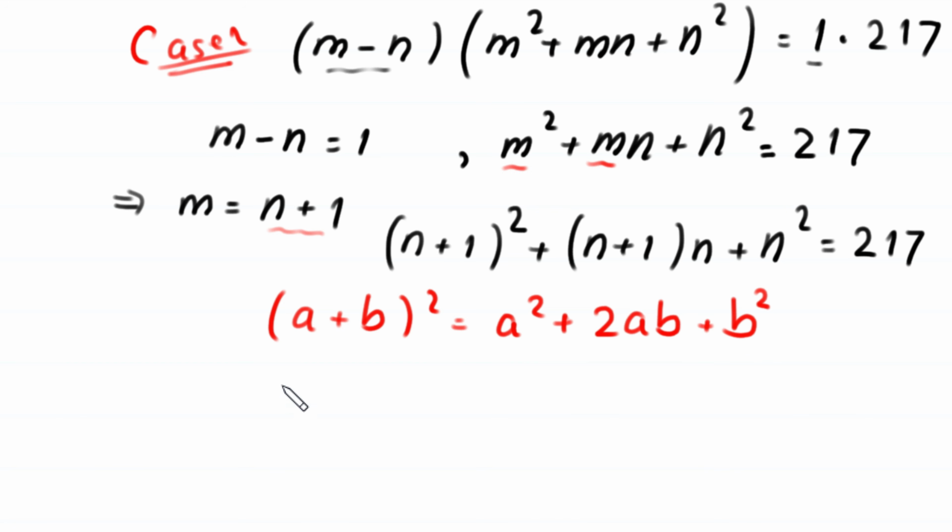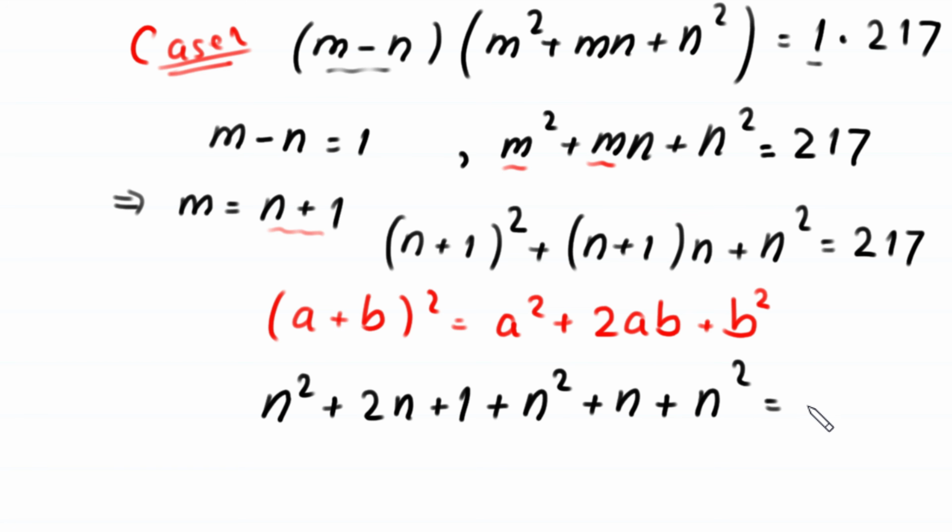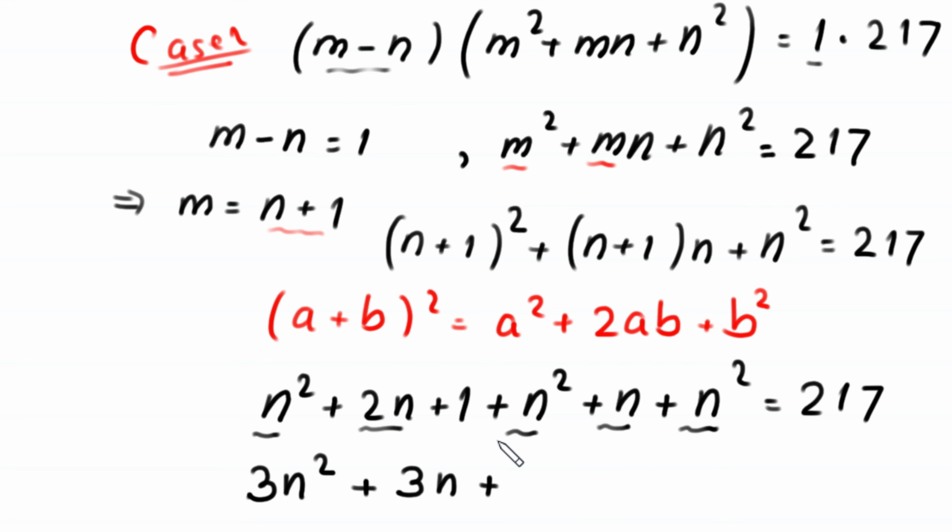This will become n squared plus 2 times n plus 1, and distribute this n times n is plus n squared, and n times 1 plus n, plus this n squared equal to 217. Add these n squared and n squared. This will become 3 times n squared, and this 2n plus 1n will become plus 3 times n plus this 1.